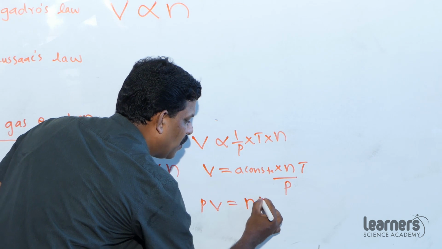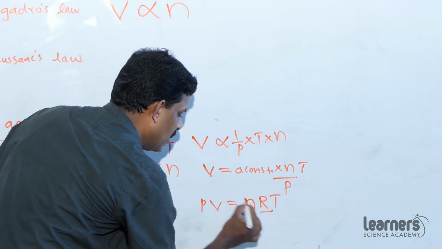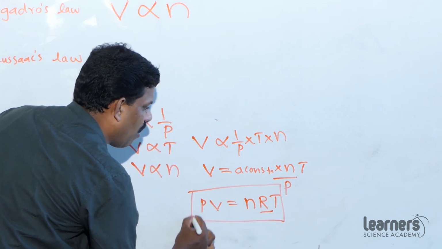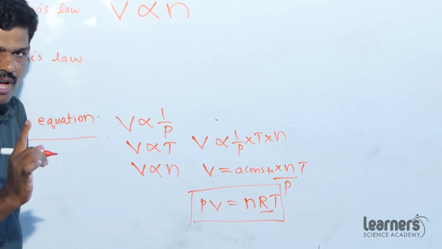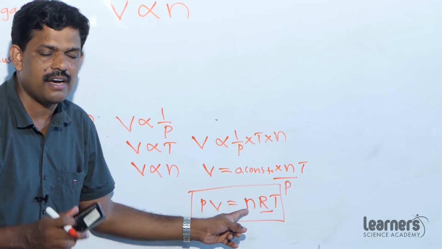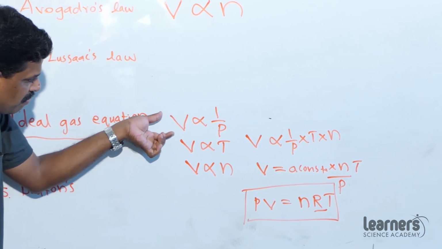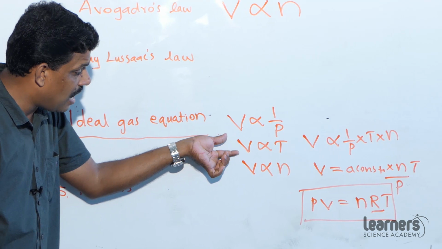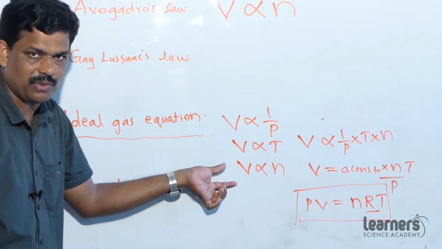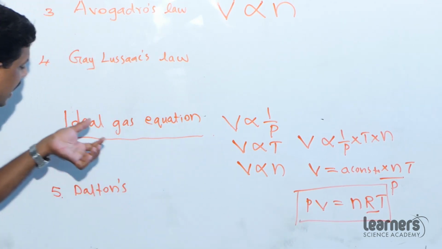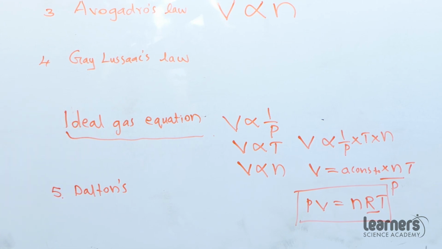So, PV is equal to N into R into T, where R is a constant known as the universal gas constant. The equation obtained by combining Boyle's law, Charles' law and Avogadro's law is called the ideal gas equation.